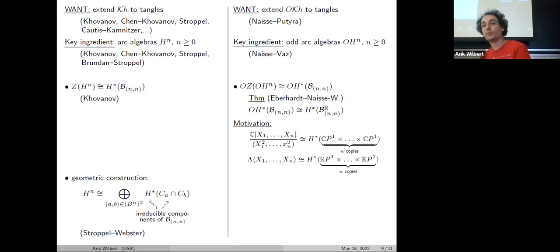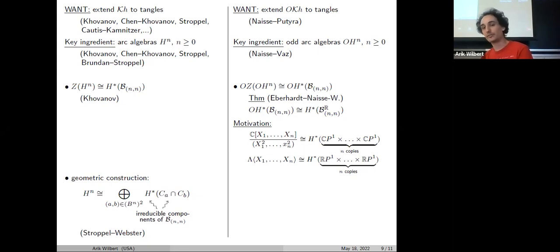So the idea is, okay, well, it seems like in order to pass from the original theory to the odd version, we have to replace complex numbers by real numbers, or complex varieties by real points inside a complex variety. And it actually worked, okay? So this is the central idea. Just look at the construction of Khovanov homology, and you realize what seems to be the natural thing to do, and it works.